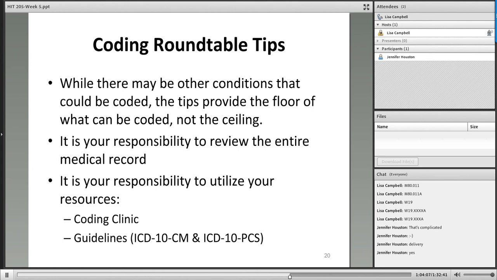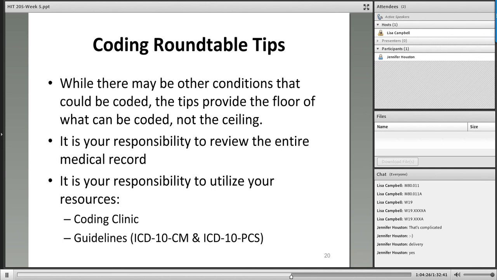Nobody expects you to memorize all those Coding Clinic articles, but the expectation is that you know what Coding Clinic is and that you know how to use it. And if you just go online and Google some article, that's not Coding Clinic.